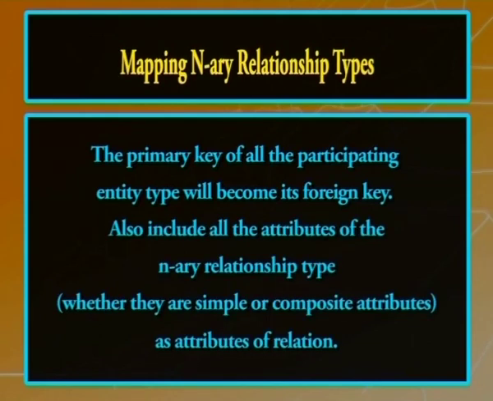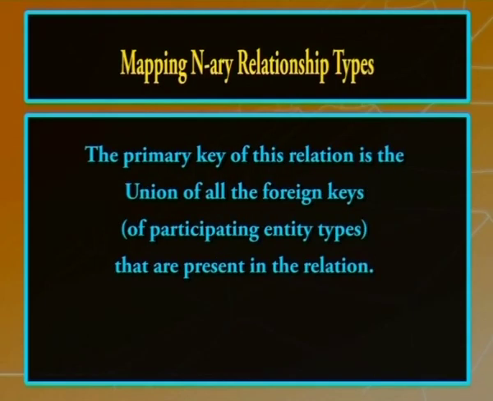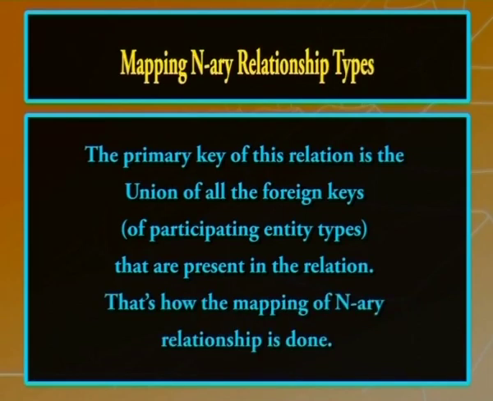Also, include all the attributes of the n-ary relationship type, whether they are simple or composite, as attributes of the relation. The primary key of this relation is the union of all the foreign keys that are present in the relation. That is how the mapping of an n-ary relationship is done.